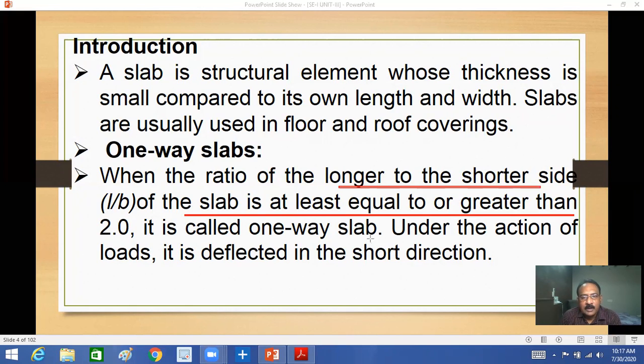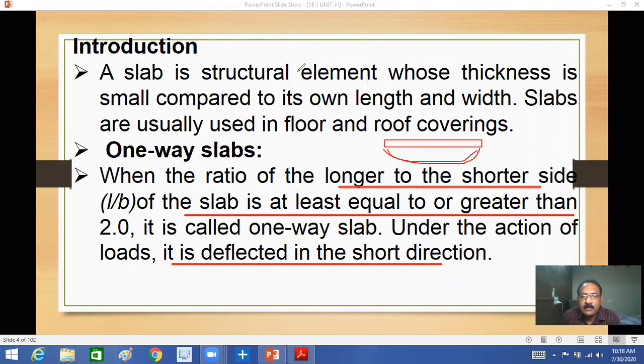then it is a one-way slab. Under the action of loads, it deflects in the shorter direction. Suppose this is a slab; your deflection will be like this, only in one way, not on two sides.